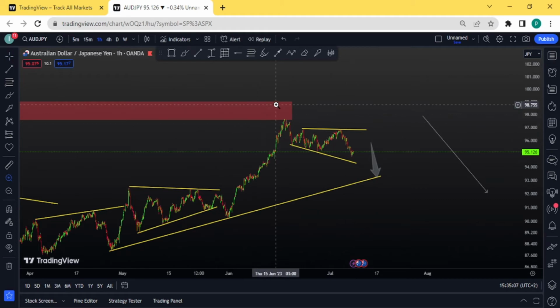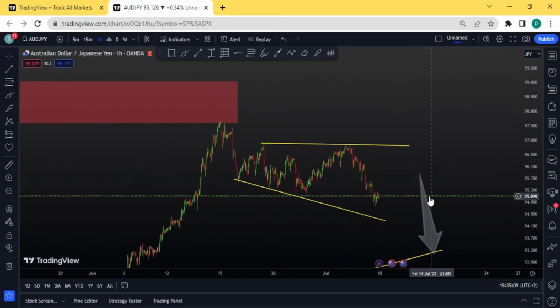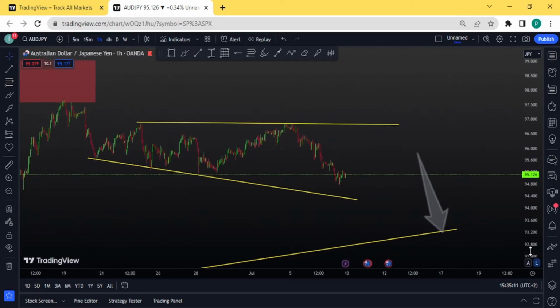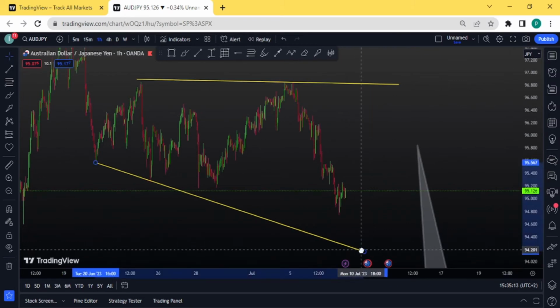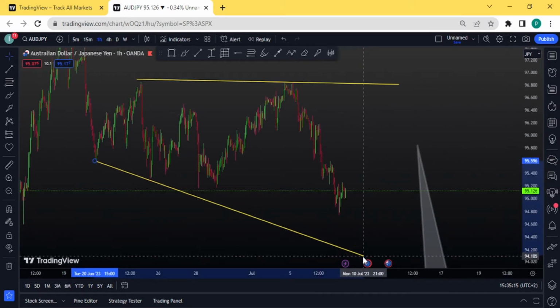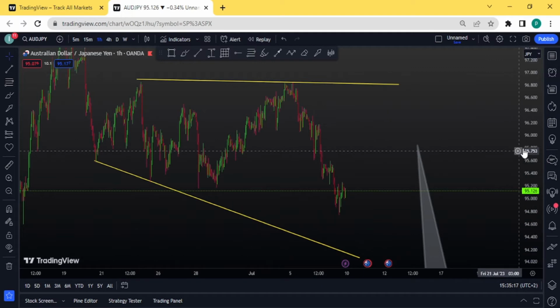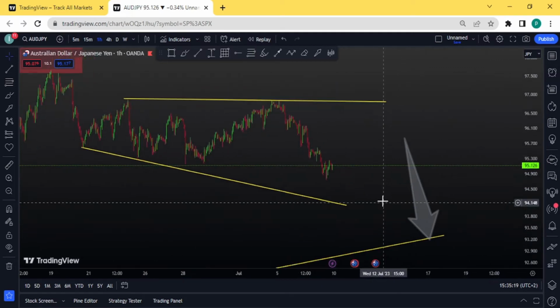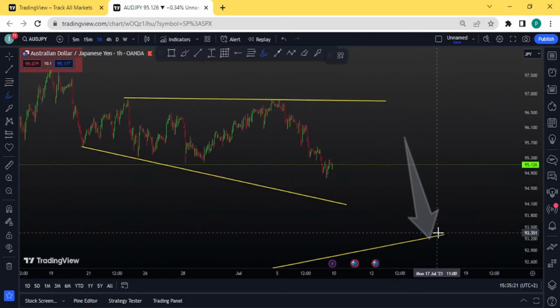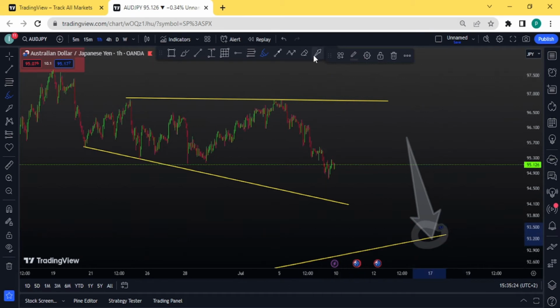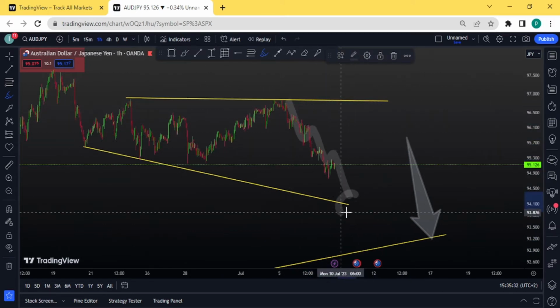So let me zoom in. You can see this expanding type pattern here. Since we are expecting price to come and respect this, to give us a third touch here, price is currently moving to the downside towards this resistance trend line there.